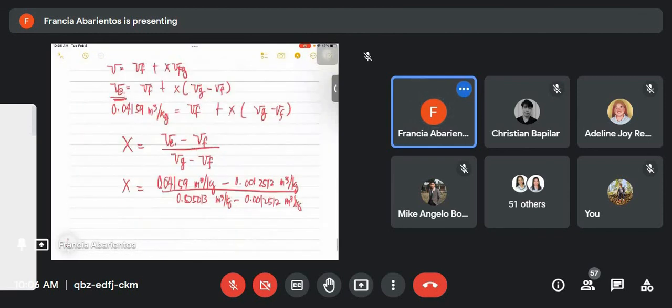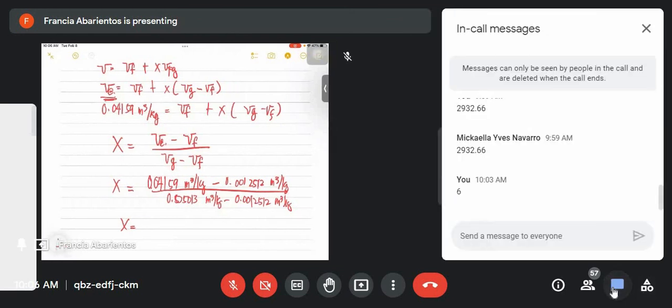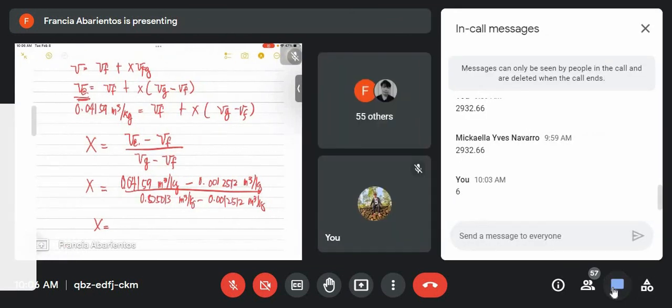Go ahead, class. Compute for the quality: 0.04159 minus 0.012512, over 0.05013 minus 0.012512. So, what is now the answer?